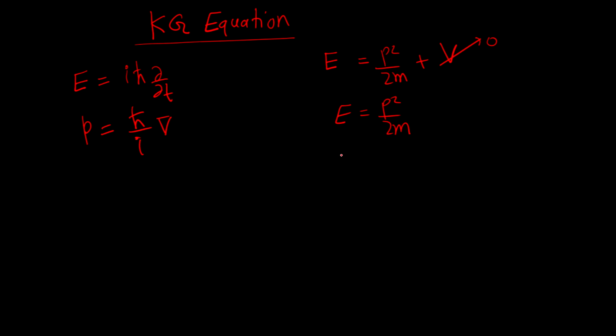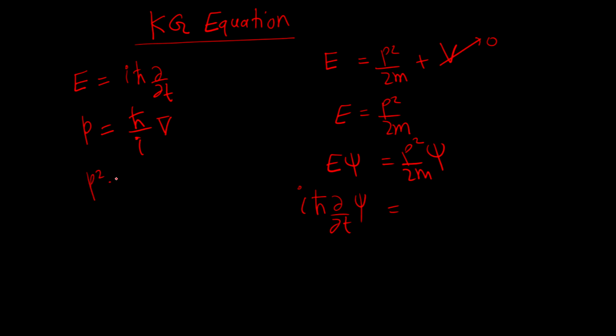Now when E acts on psi and p²/2m acts on psi, this in operator form can be written as iħ ∂/∂t acting on psi is equal to, how can we write p²?